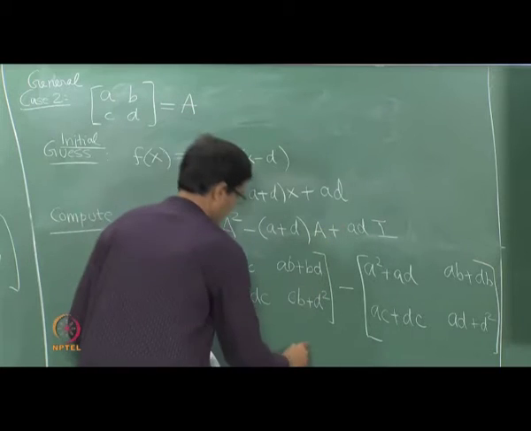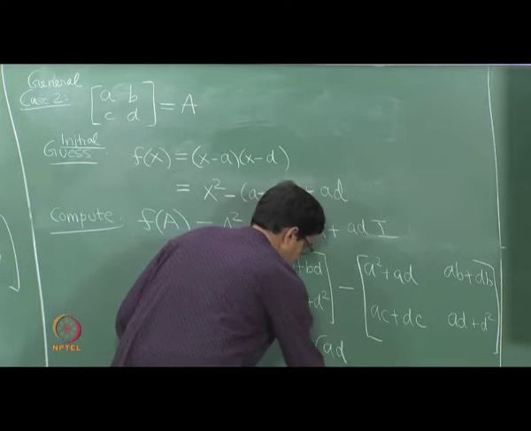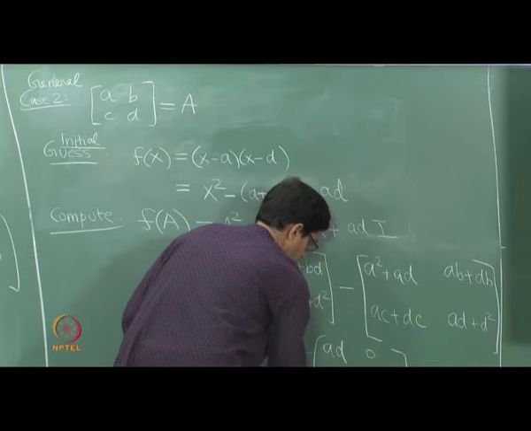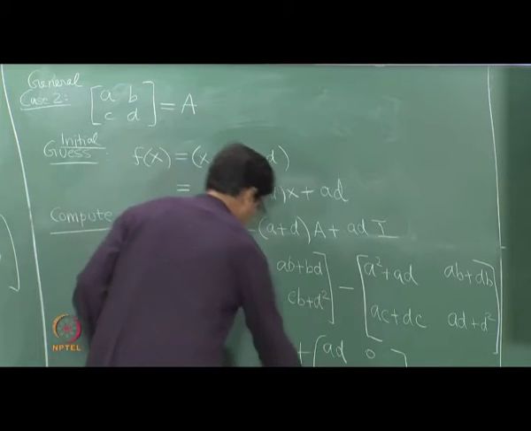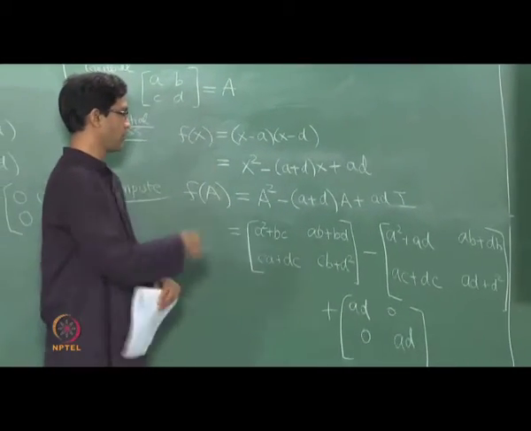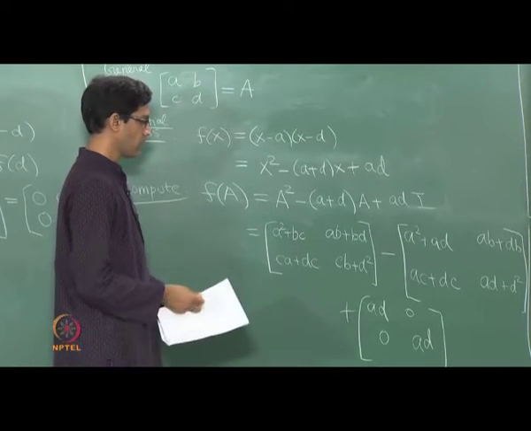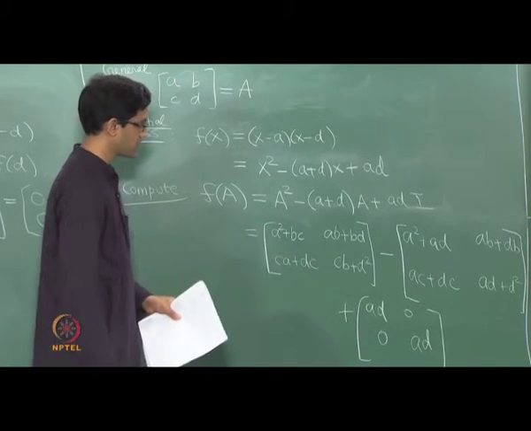And then the final term is ad times the identity, so that is just ad, ad with zeros off the diagonal. Okay. So, I just wrote this out in full, so you can check your matrix multiplication as well. So, that is the complete answer, but now there is a lot of simplification that takes place.